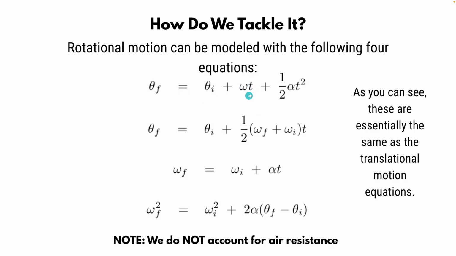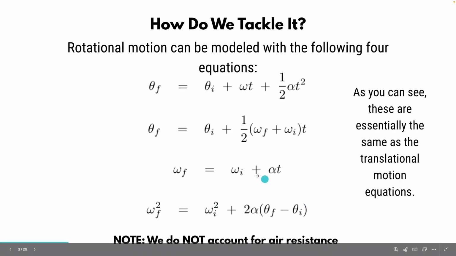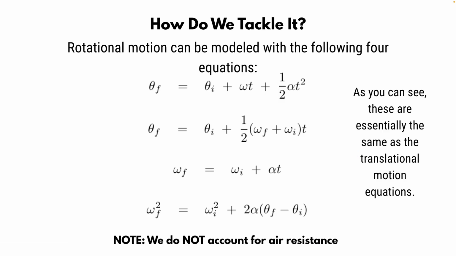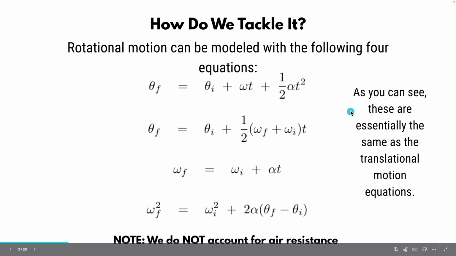Then you have omega, which is angular velocity, and alpha, which is angular acceleration. Aside from that, these formulas are pretty much the same. It's just a matter of the metric for distance. And no, we don't account for air resistance.